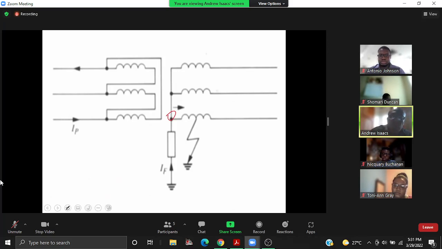Here we're showing it being tapped off in the middle. So that fault current would be less than if the fault was out here, because you'd have tapped off a larger portion of the winding, in terms of voltage. I know in terms of impedance you're saying you would have a larger impedance. That's true, but you'll be taking off more of the system voltage at that point. All right?